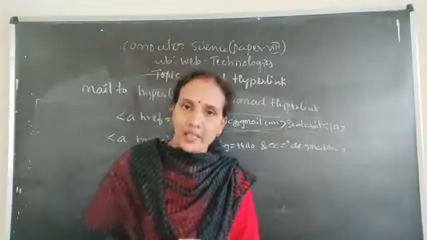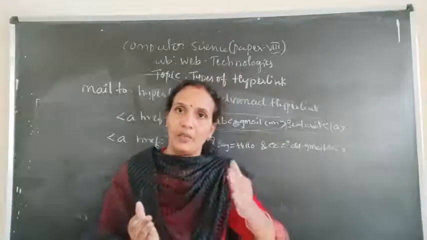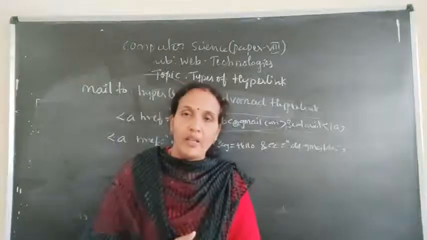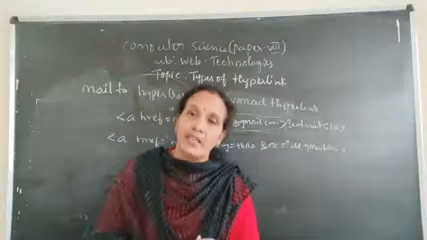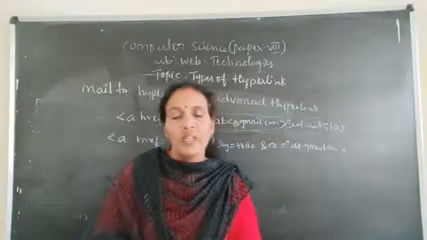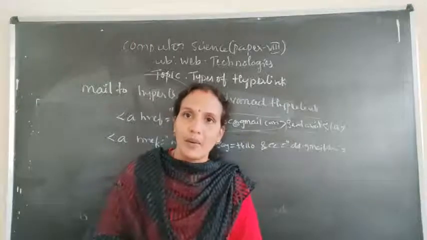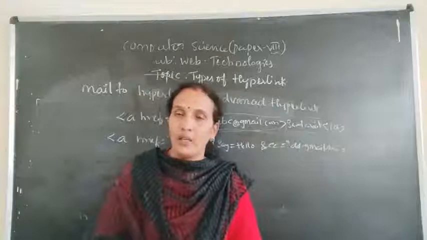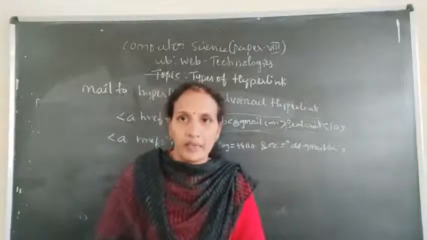When the user clicks on the hypertext, the user can send a message to the particular mail ID, and can add extra information like the subject and the CC. This is about hyperlinks, and the practical part of this topic I will explain in the lab, and I will send that video also.